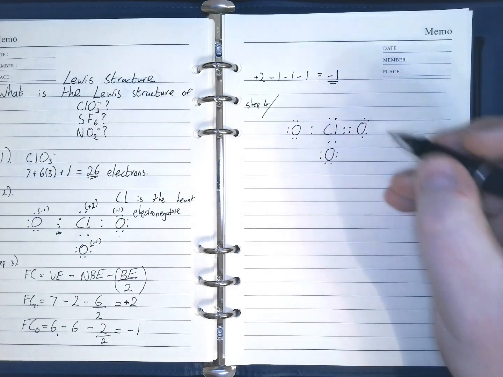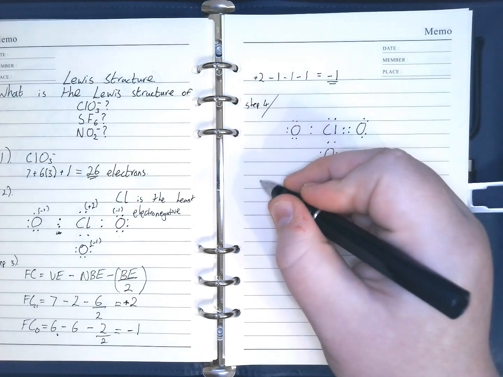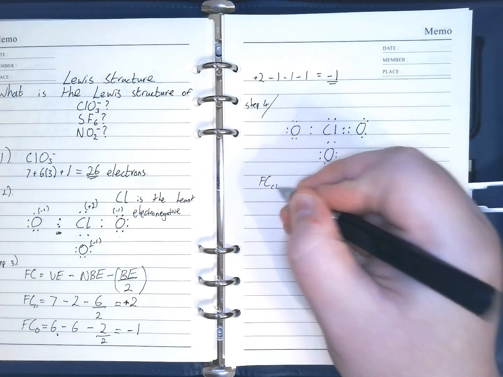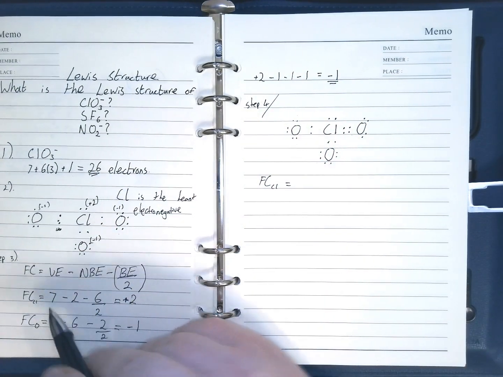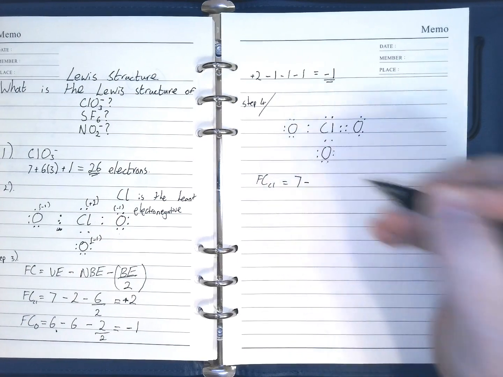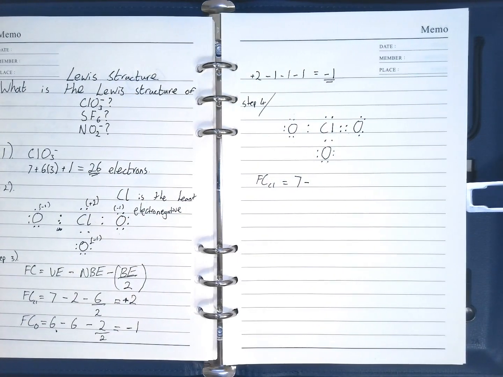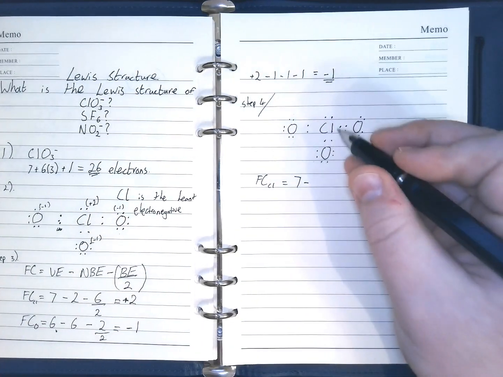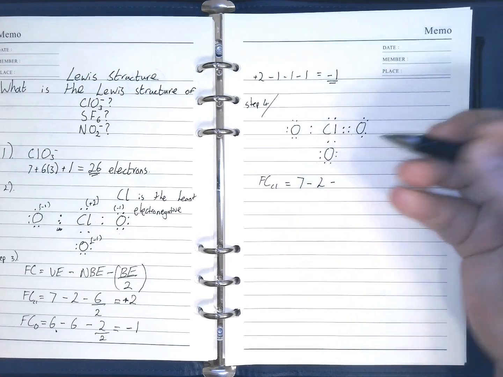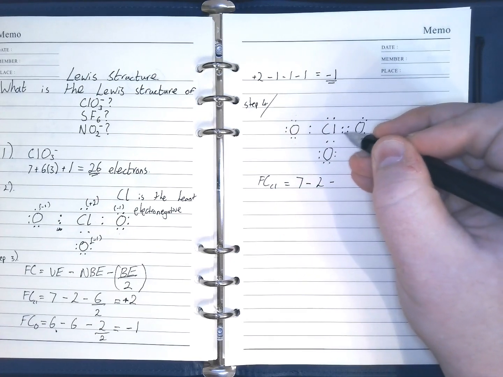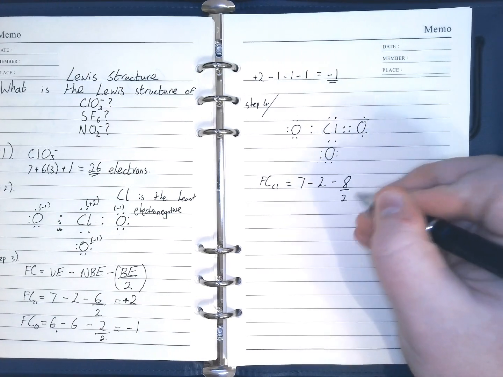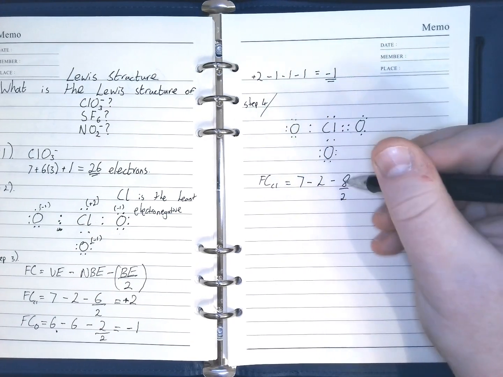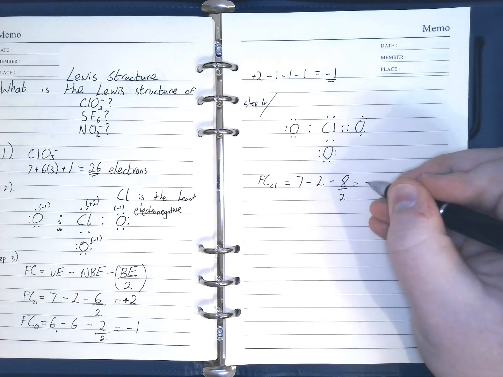So now that we have this, we can work out our formal charge of chlorine again, which is going to be equal to 7 minus our non-bonded electrons for chlorine, which is again 2. This time minus bonded, so 1, 2, 3, 4, 5, 6, 7, 8 divided by 2, which is going to equal 5 minus 4, which is going to equal plus 1.